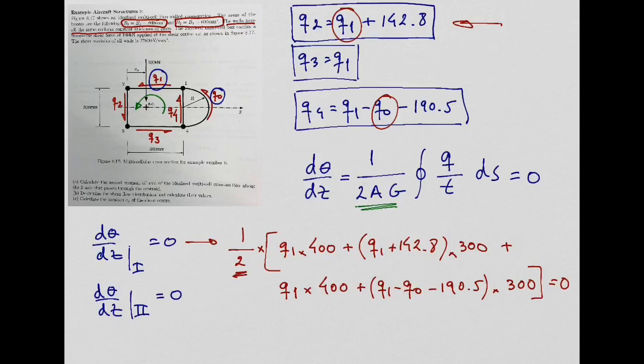Yeah? This is the thickness. In this case, all walls have 2 millimeters thickness, so I can do this. Okay, so we will have this. So why did I do this? Because now I can get rid of this 1/2, right? Make our life a little bit easier.